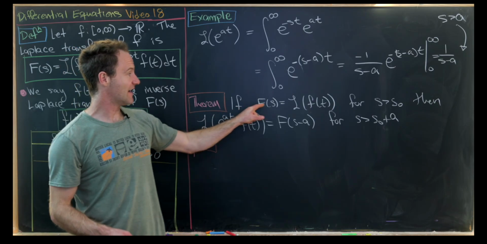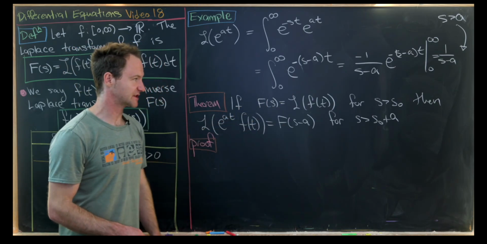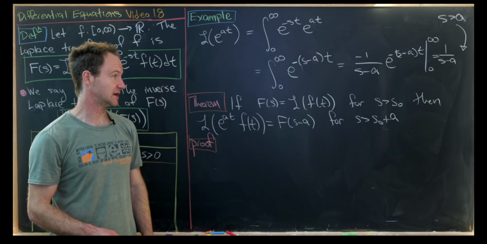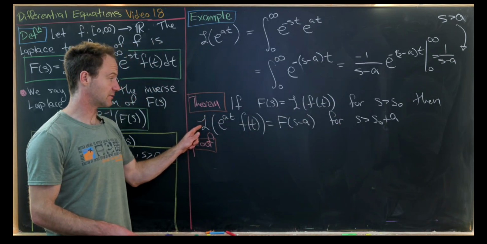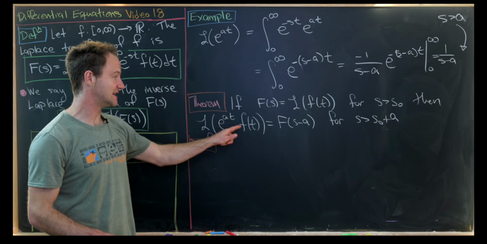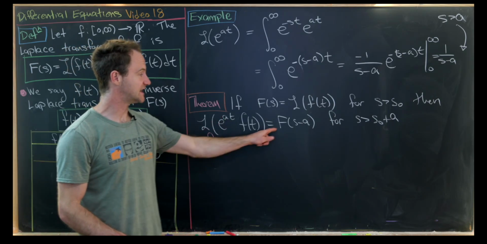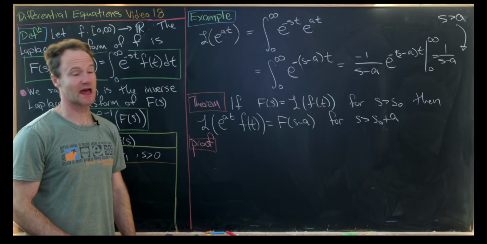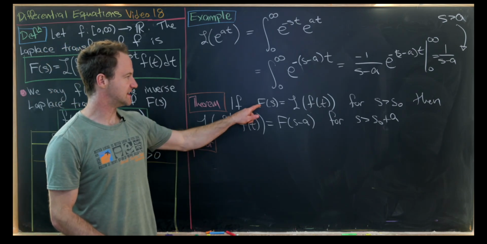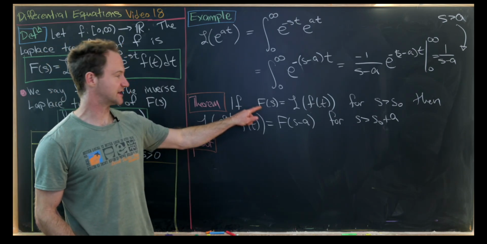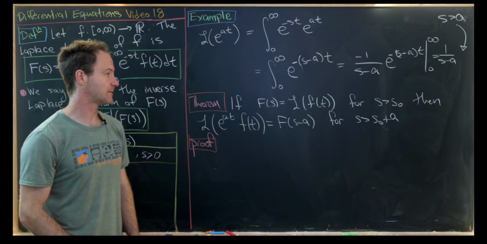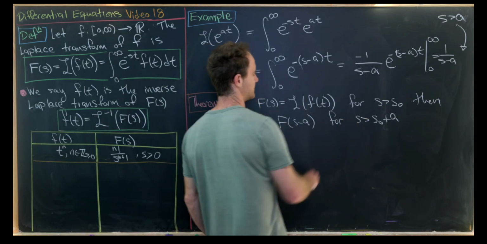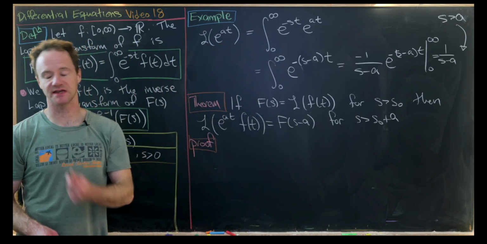So if F of s equals the Laplace transform of lowercase f of t, and that holds for s bigger than s naught, then the Laplace transform of e to the at times f of t is equal to F of s minus a. So in other words, it's the original Laplace transform just shifted over a units. And this holds for s bigger than s naught plus a.